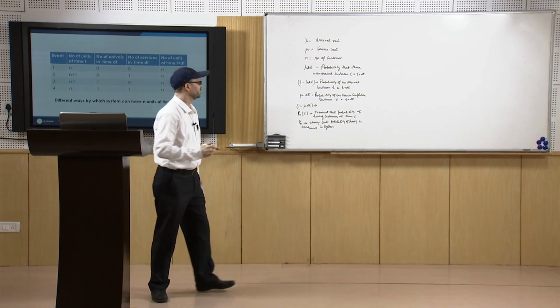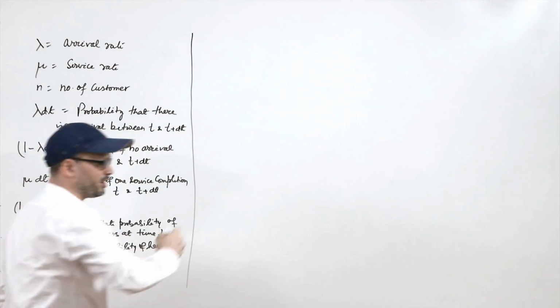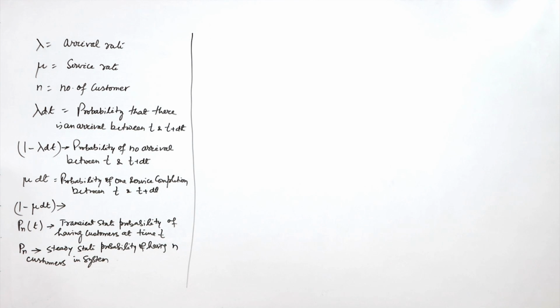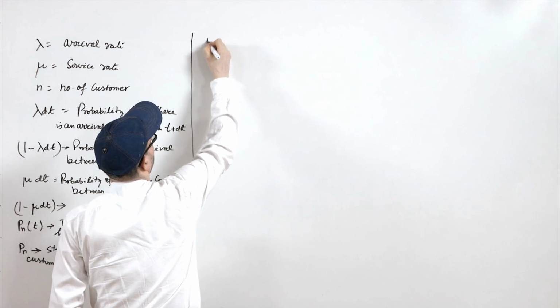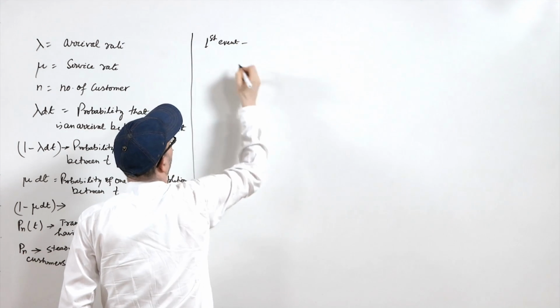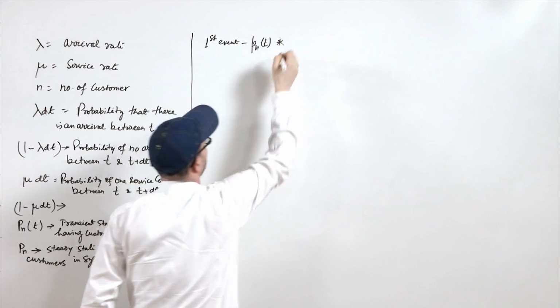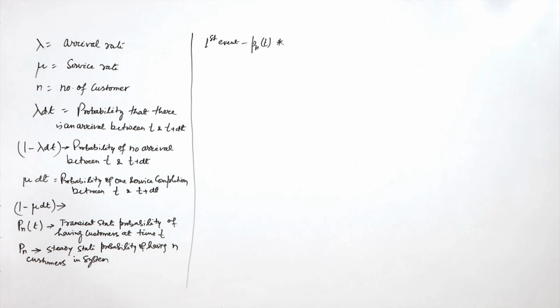So, now let us see the probability of the occurring of the first event. In the first event you have the probability of having n customers at time t, that is p n t, multiplied by the number of arrivals being 0.